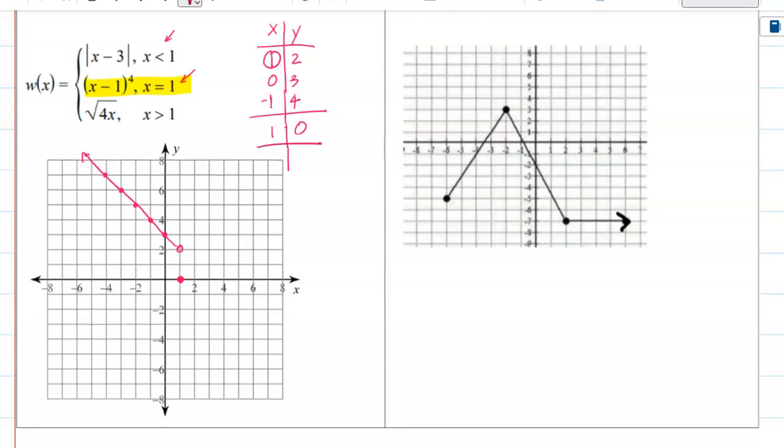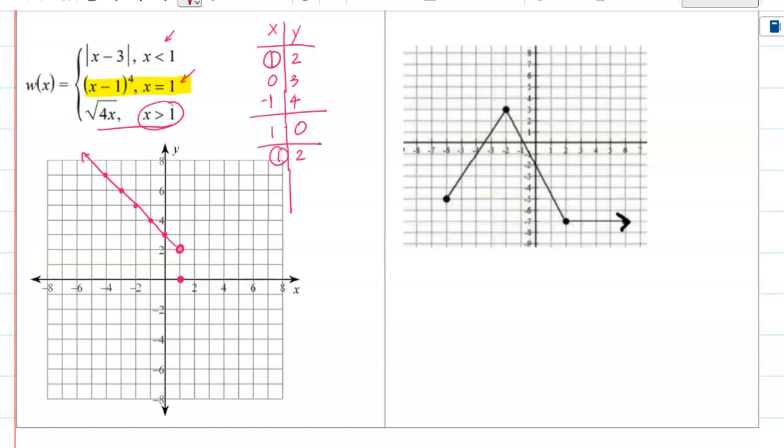And then let's see what happens at 1 for this particular function. I know it's a hole there, but I just want to see. Square root of 4 is going to be 2. 1, 2. There, it connects at that absolute value function.